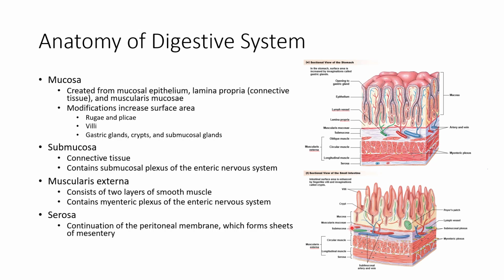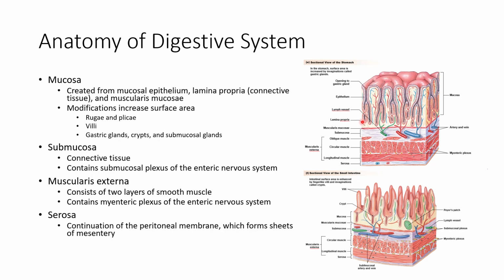Each of these organs, if we look at the tissue layers that make them up, shares some common strata or sections. The innermost layer, towards the lumen side, is called the mucosal layer. Here we see the stomach, and this would be the small intestines.